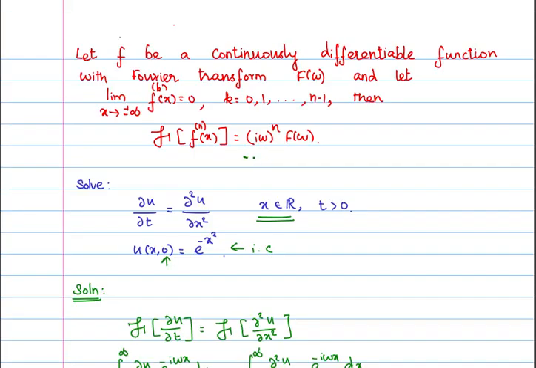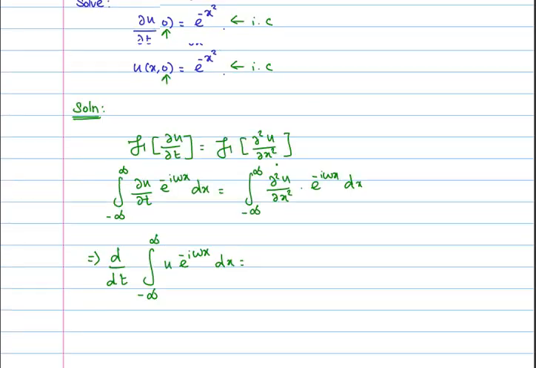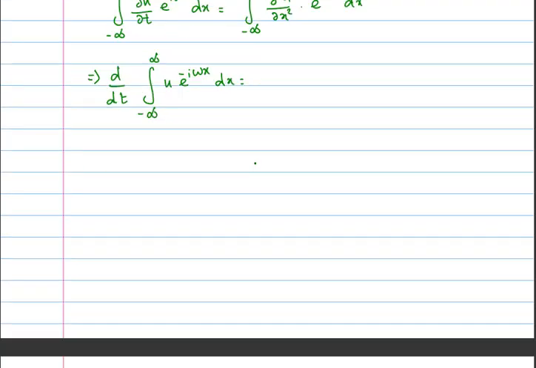I am going to use this result with n equal to 2, that is a special case. So this is equal to (i omega) whole square times the Fourier transform of u, that is the integral from minus infinity to plus infinity of u times exponential of minus i omega x dx.